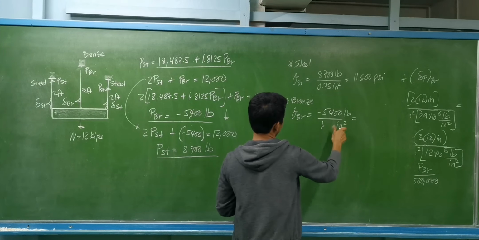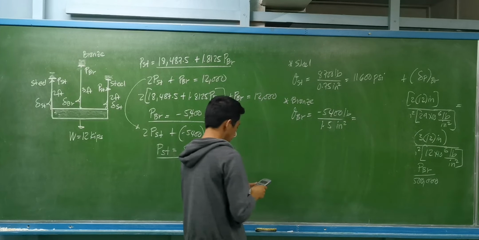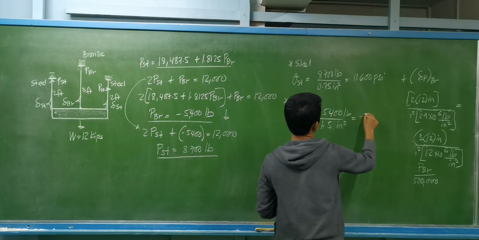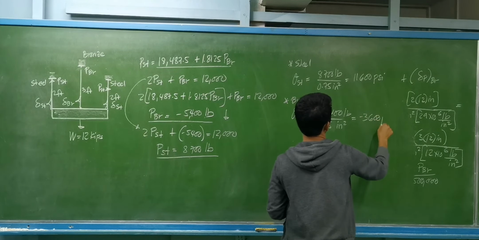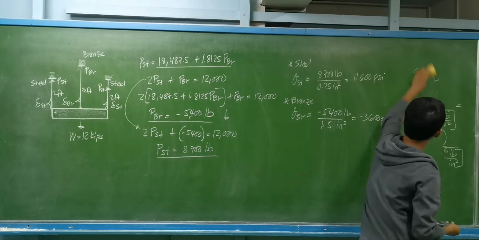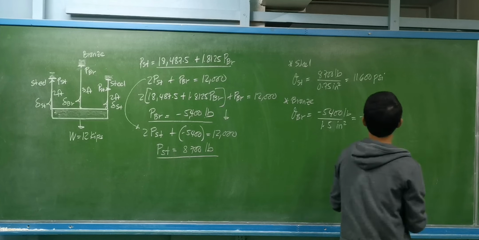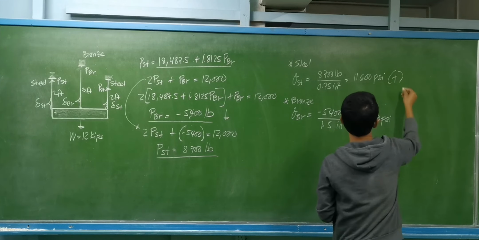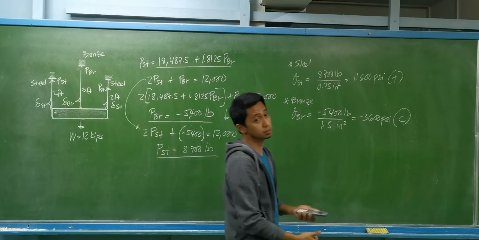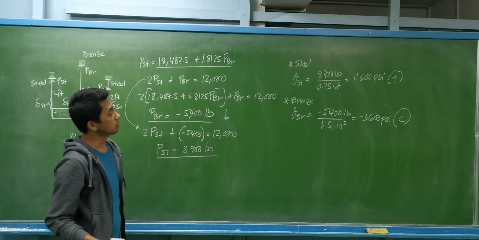So the cross-sectional area of the bronze rod is 1.5. So we have that as negative 3,600 pounds per square inch. So the steel is under tension, and the bronze rod is under compression. So this will be our solution.